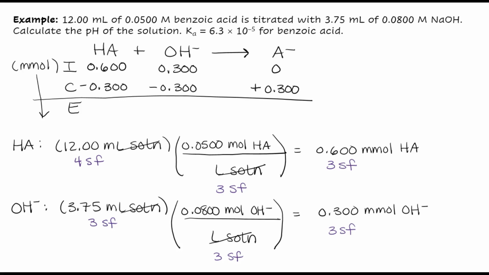This puts HA at 0.300, hydroxide goes to 0, and A- ends up at 0.300.